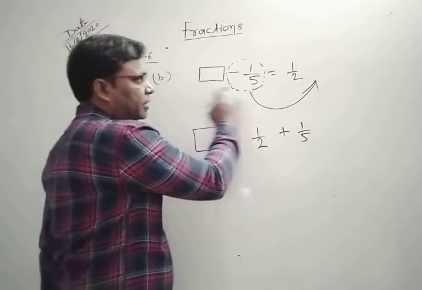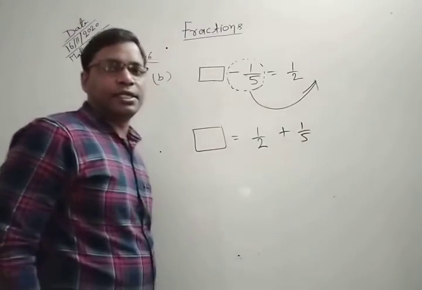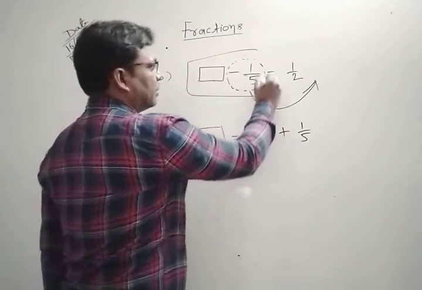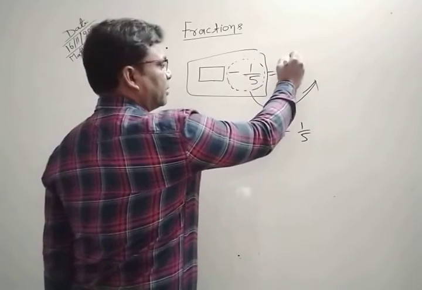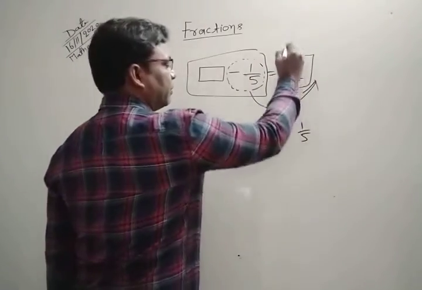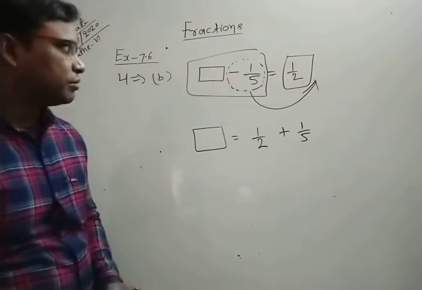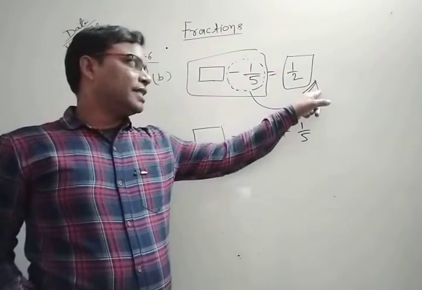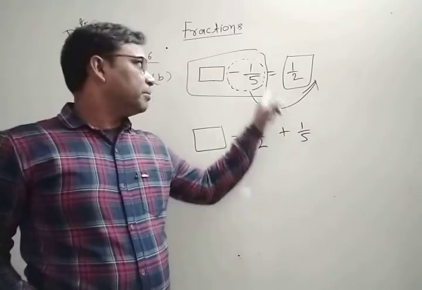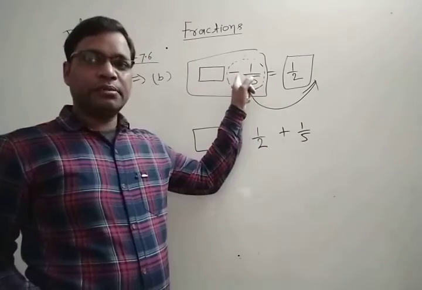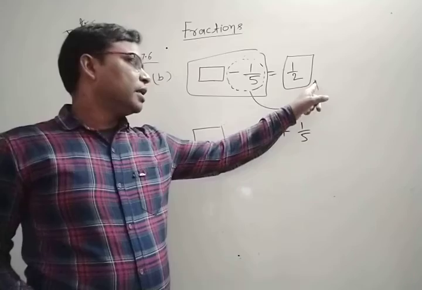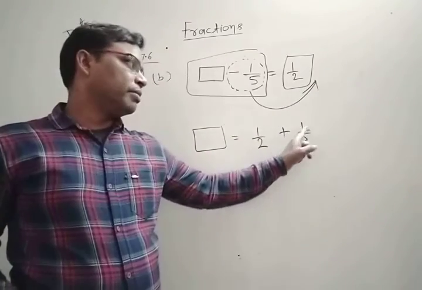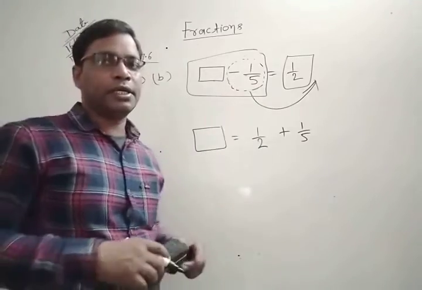This side is our left side and this side is our right side. Because here it is minus, when we transpose it to the right hand side, it becomes plus 1 by 5.